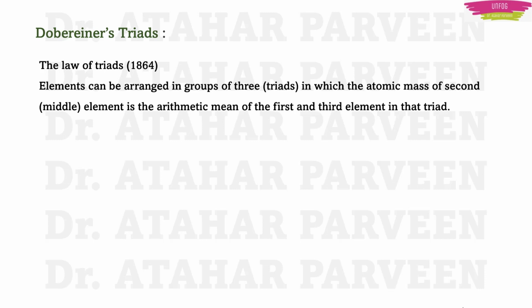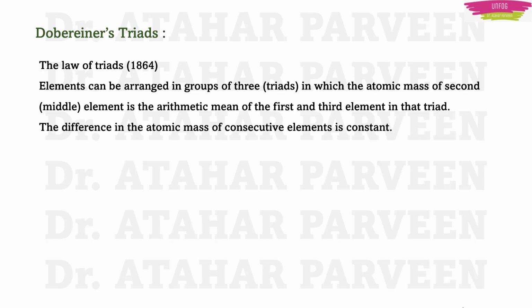If you take the middle element, the middle element's atomic mass will be equal to average of atomic mass of first element and third element. And he also told that the difference in the atomic mass of all the elements will be constant. Means difference of atomic mass between first and second element, second and third element, it will be constant, he told.